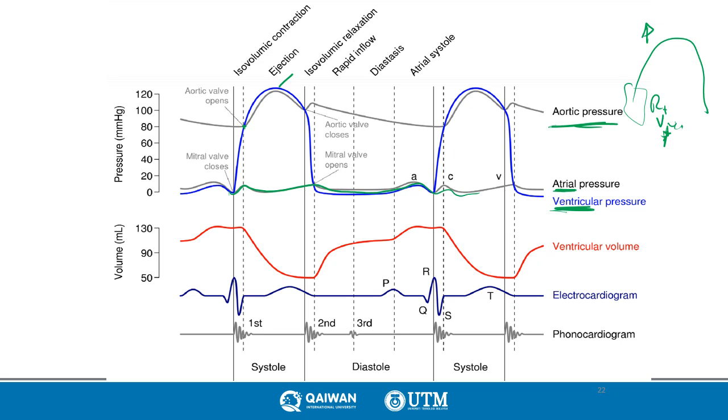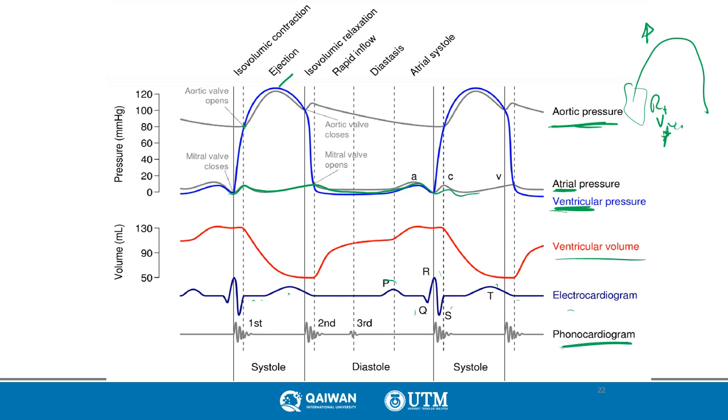The volume is also changing from high to low here in the ventricular volume. In terms of ECG, we have the PQRST, PQRST, and so on. And it always continues as PQRST while the heart is contracting and relaxing.